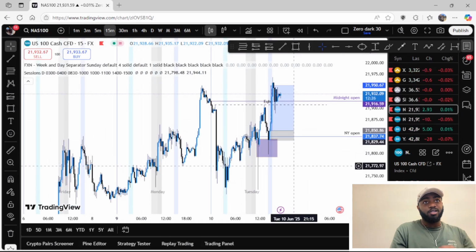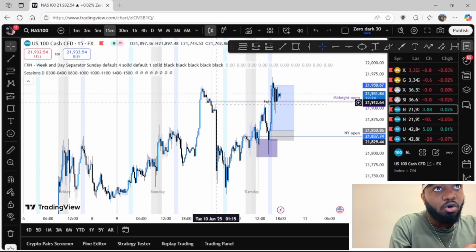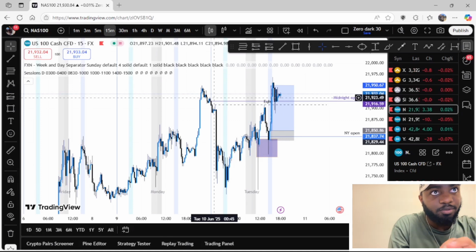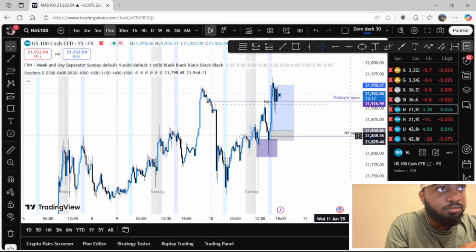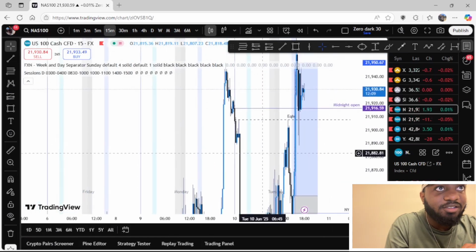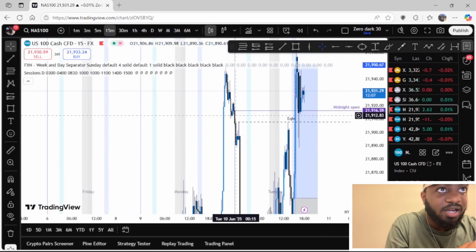A midnight open is basically the opening price at midnight. So the opening price for a selling candle is the higher part of the body of the candle. So let me get closer. All right, so see, this is the high of the body of the candle, the higher part, not the wick.